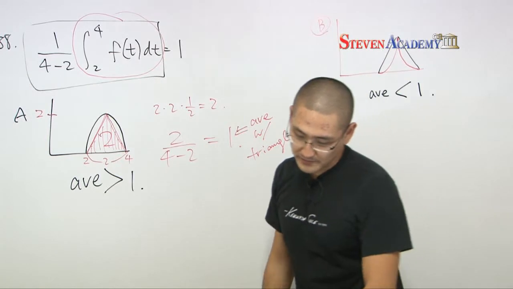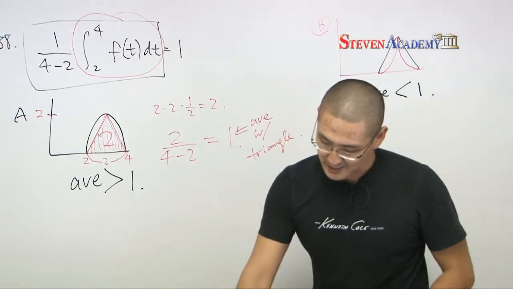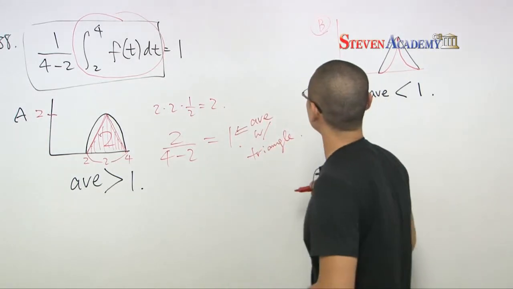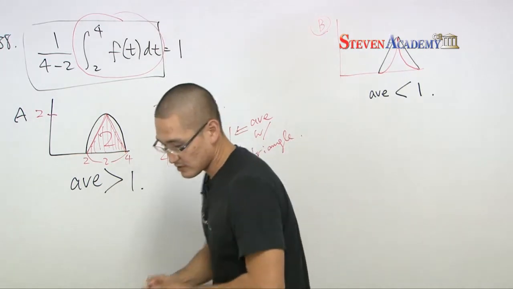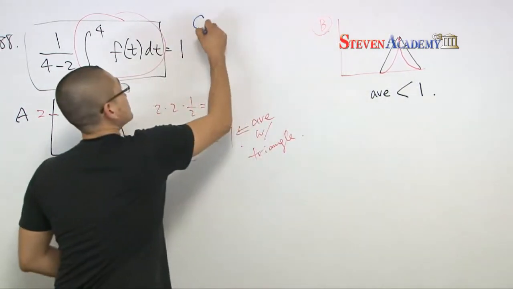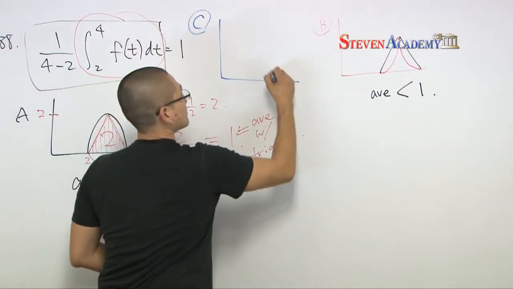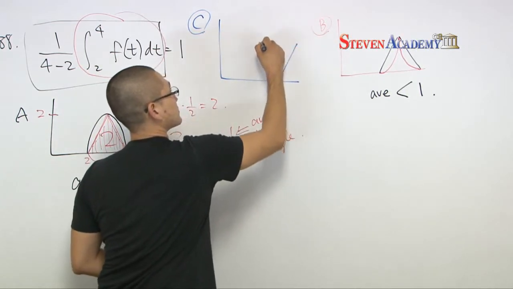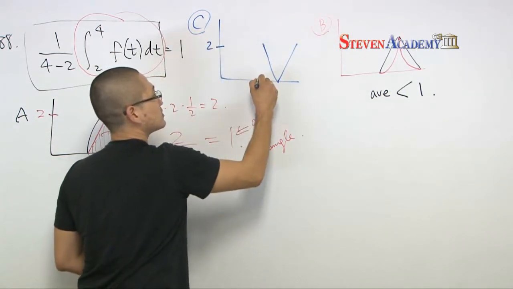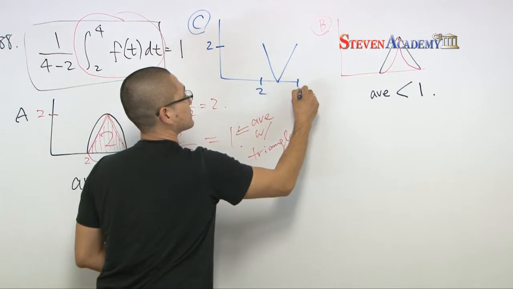All right, third one. Good. C is the answer for us, right? Let's draw C somewhere in between here. C is here. We have that goes up this way. So it's 2 here, it's 2 here, it's 4 here.